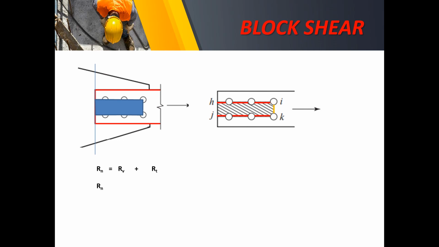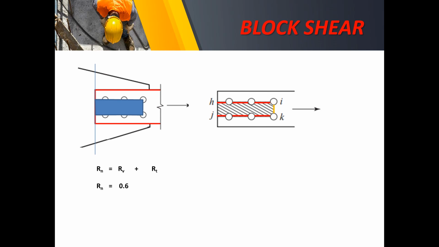Hence, we can expand the equation, and your Rv, or the strength derived from the shear, accounts only for 60%, and that strength from the shear is associated with the fracture.